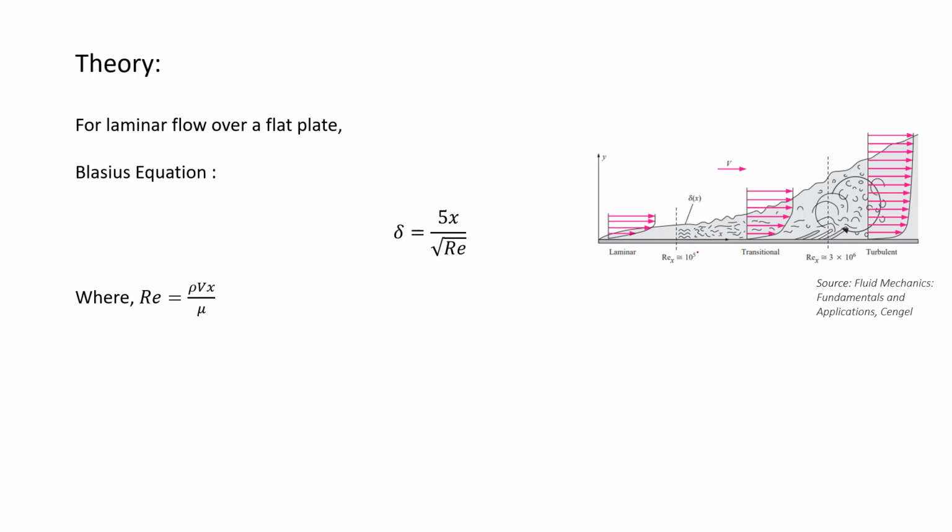So I have taken this schematic from again Sengal. Whenever there is a flat plate and there is a flow over it, a boundary layer will be created, and this boundary layer here in this figure is given by the grayish shaded region, and above this boundary layer the velocity will be constant in y, which we will call the free stream velocity.